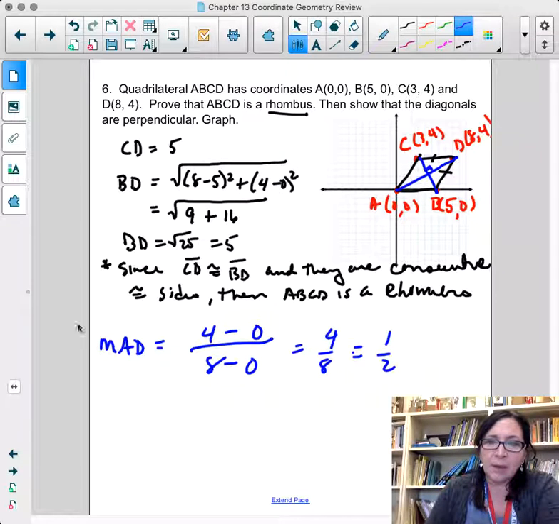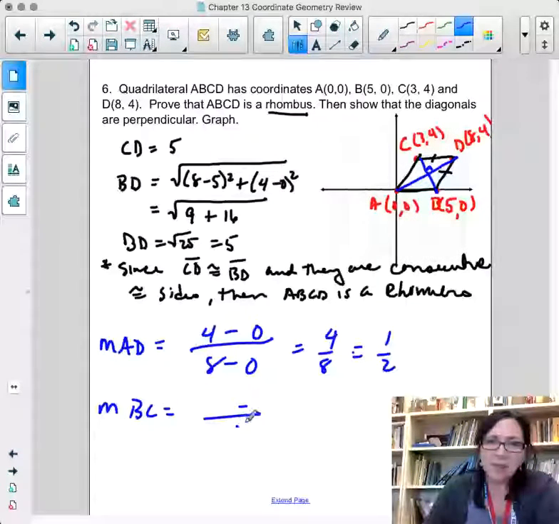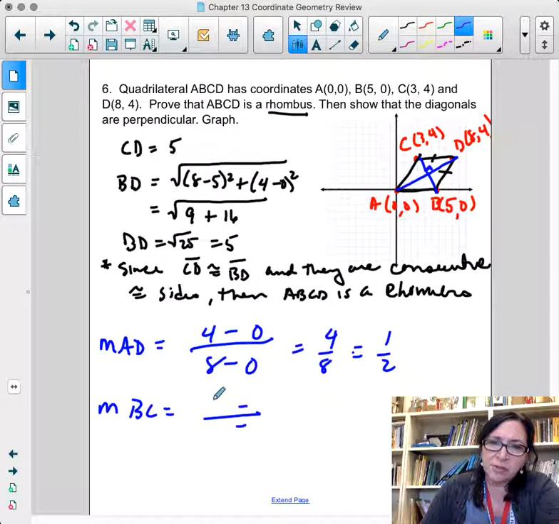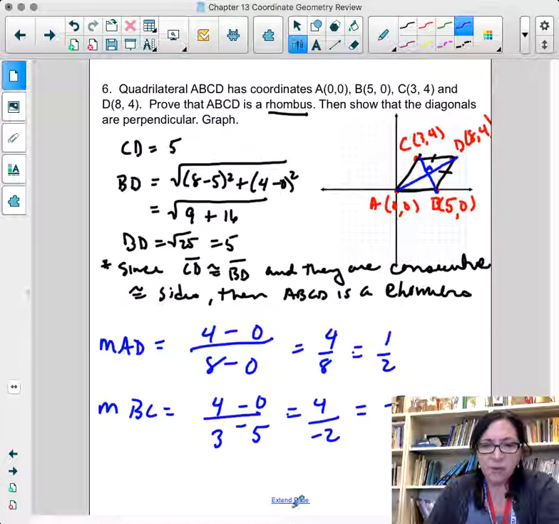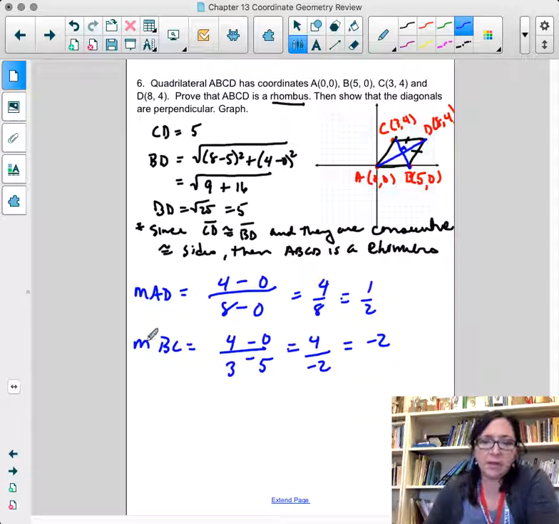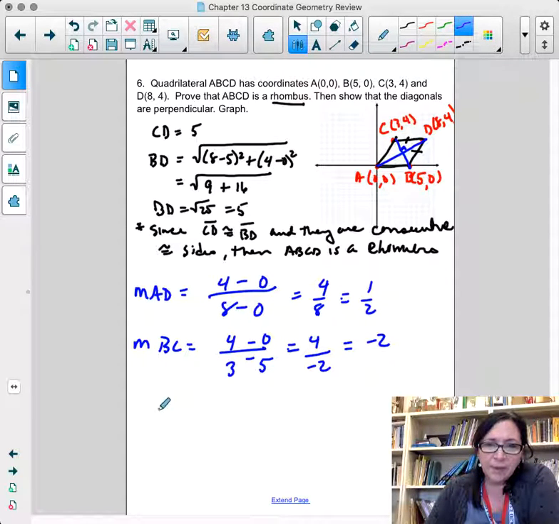All right, now I'm going to find the slope of BC. Subtract your y's: 4 minus 0, over 3 minus 5. 4 minus 0 is 4, 3 minus 5 is negative 2. I get negative 2. If the product of the slope of AD times the slope of BC is equal to negative 1, then the slopes are perpendicular.